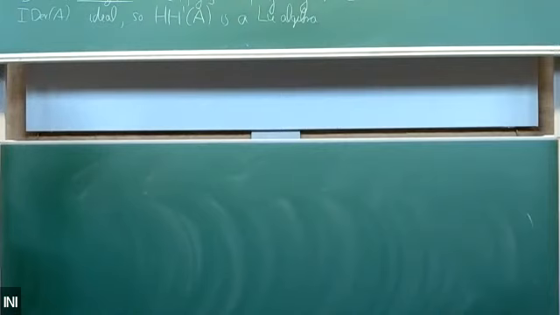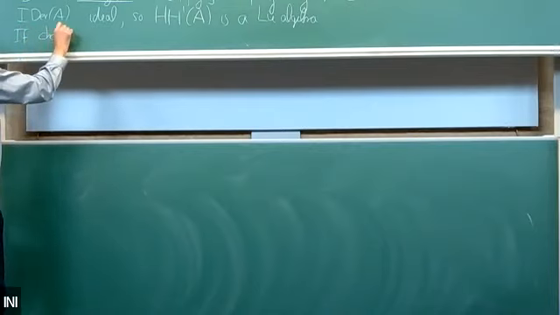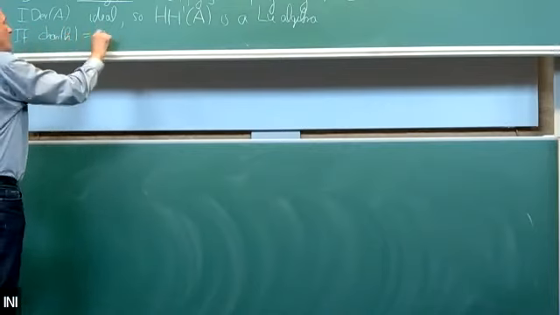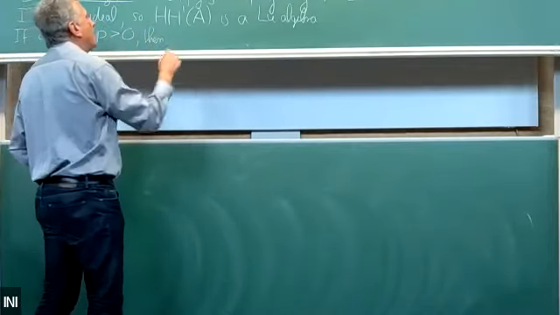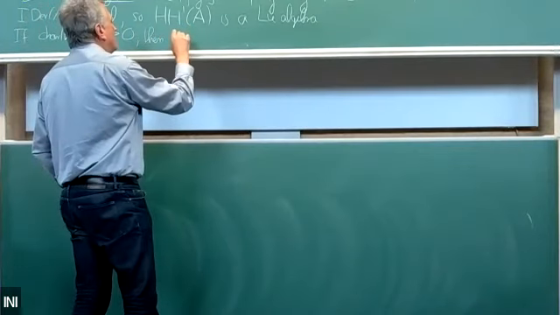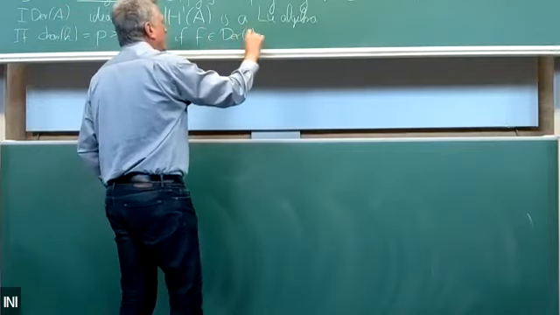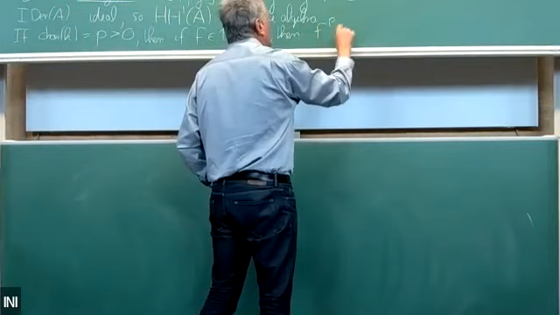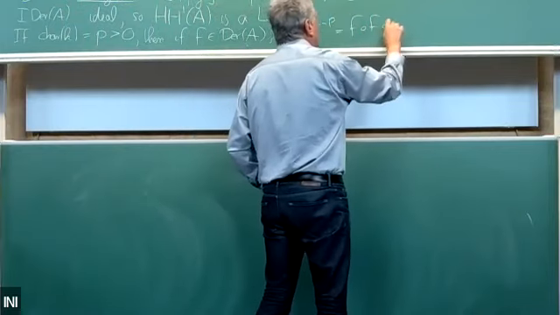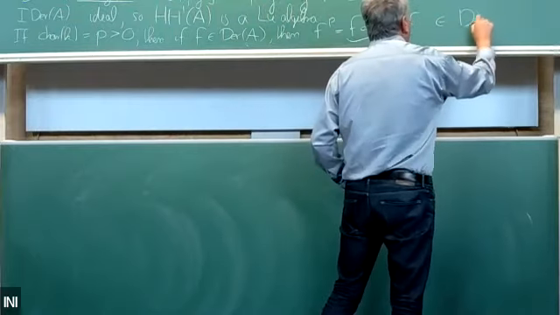And if K happens to be a field, and I just write characteristic of K is p, then the p-fold composition of a derivation with itself is again a derivation. So f to the p, the p-fold composition, is again a derivation.